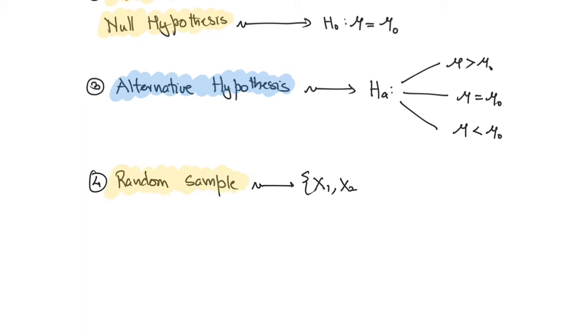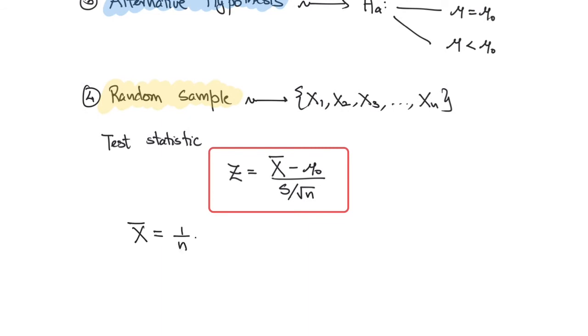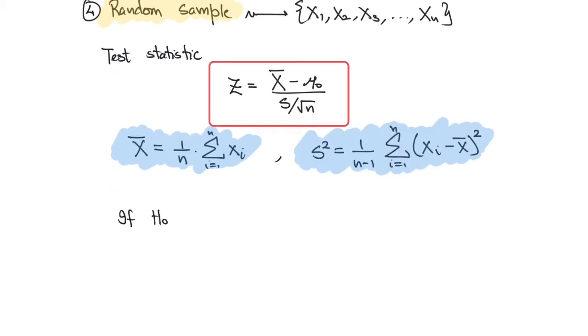We will work with a random sample given by x1, x2, x3 up to xn coming from the population, and the test statistic z is going to be defined as x bar minus mu 0 divided by s over square root of n. X bar is the sample mean and s squared is the sample variance.